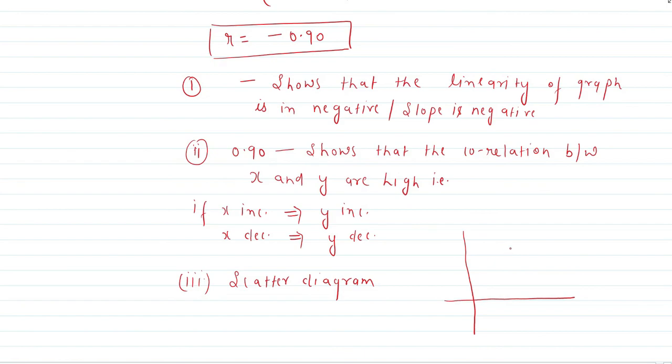So the points are very closely related to each other, right? This should be something like this. This is our y axis and this is our x axis. So this is the scatter diagram.